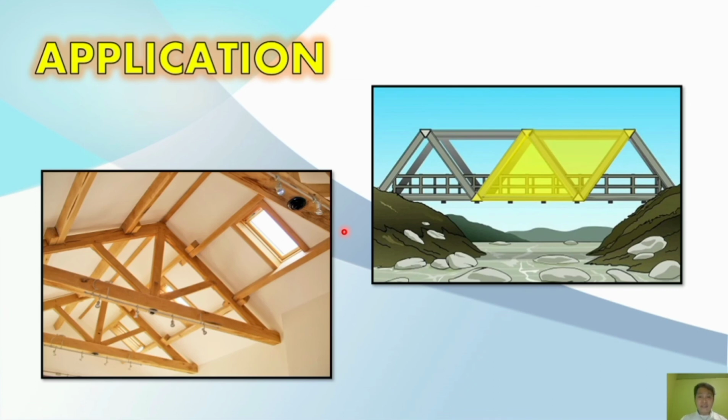So here are some of the applications of congruent triangles in real life. Actually, it has a lot of applications, but I'll show you two of the main applications of triangle congruence in actual or in real life. What can you see on the pictures? We have trusses. We have the roof trusses, yung ginagamit natin sa roof or sa bubong. And we also have trusses on bridges.